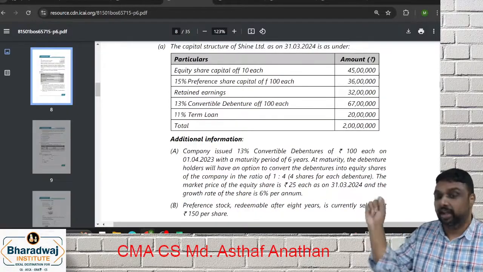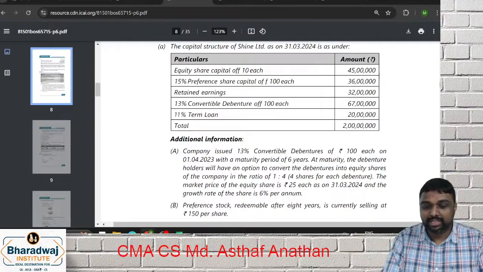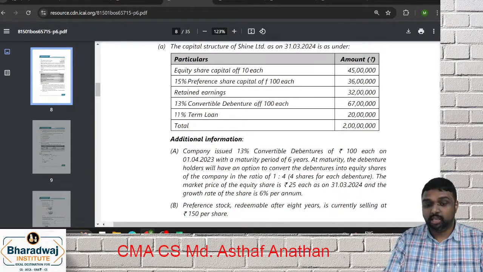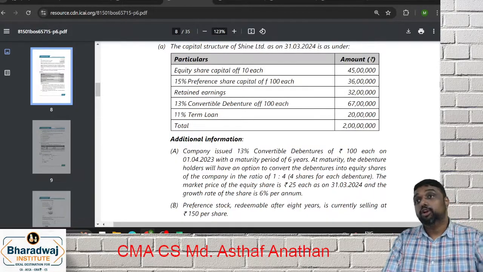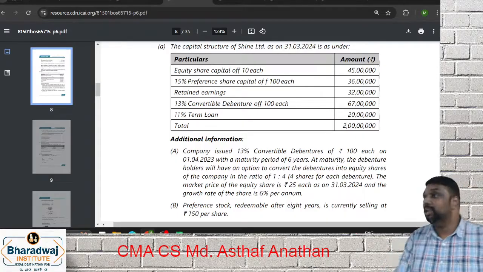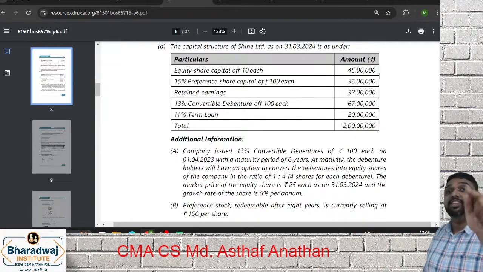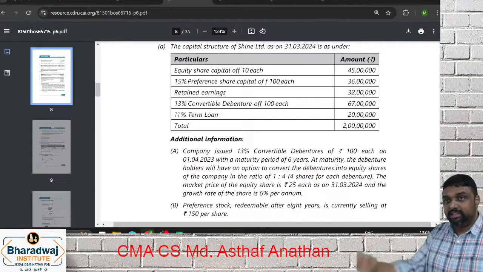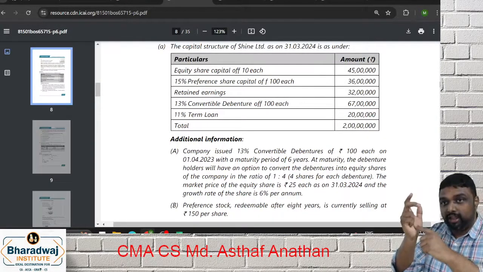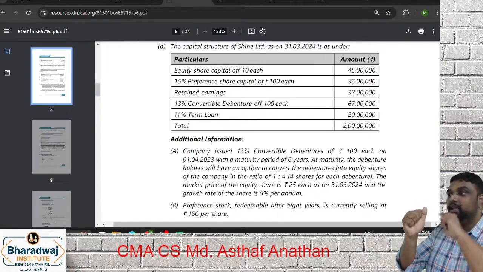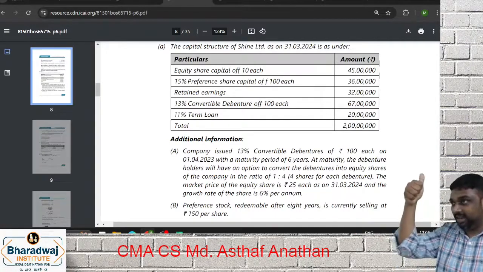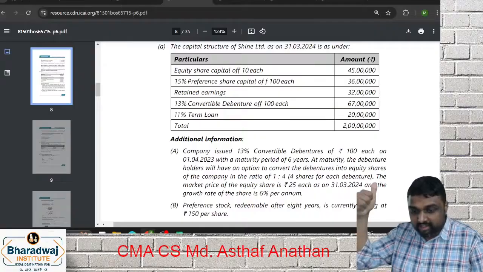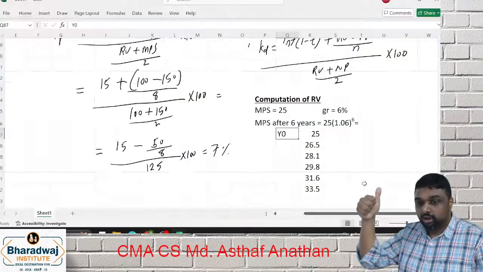Very important. When your debenture is issued, they are testing you. 1/4/2023. From here the maturity period is 6 years. So which year will it mature? 23, 24, 25, 26, 27, 28 to 29. So this 25 is the value of 24.